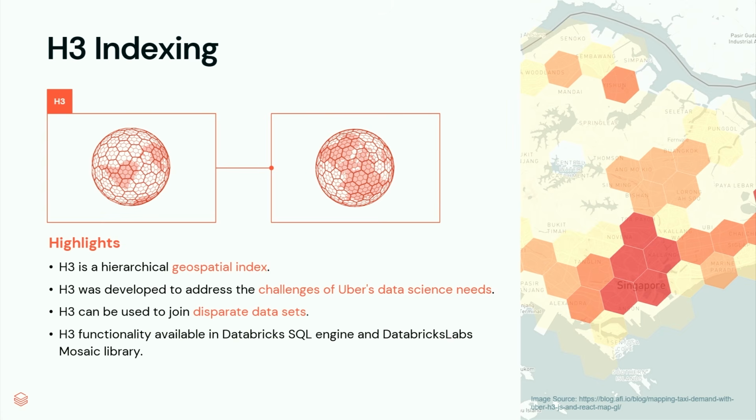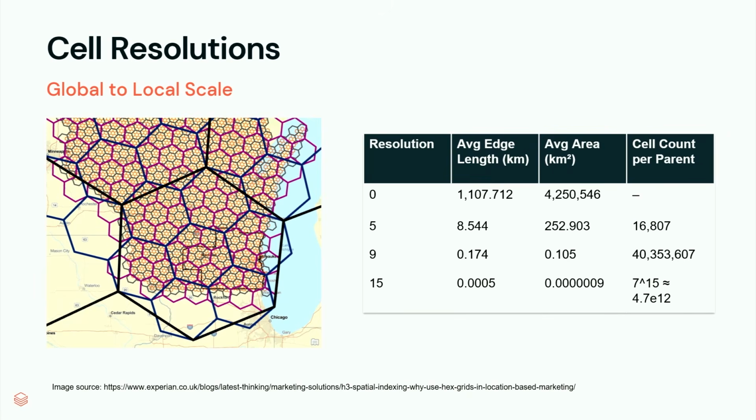Basically, what it does is it breaks the entire globe up into these mostly hexagonal areas, and then you can take the cell ID for those different hexagonal areas to say, right, if I have a set of polygons or points or geometries within the same cell, then I can join on the cell ID. This is sort of what it looks like.